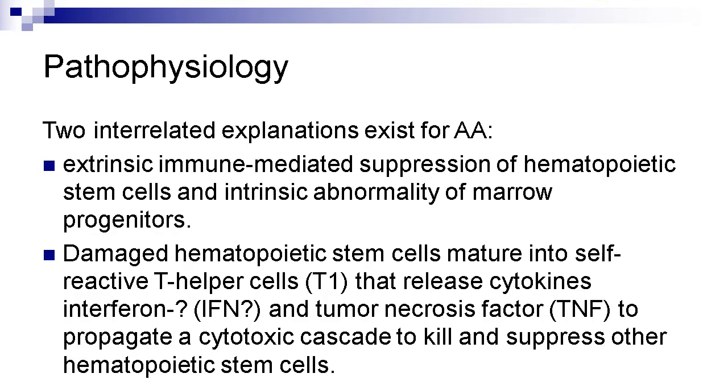The damaged hematopoietic cells mature into self-reactive T cells, and instead of the body's immune system killing this T helper cell by apoptosis, there is a failure in the apoptotic pathway, and this reactive T cell matures and releases different cytokines, interferons or tumor necrosis factor, and they establish a cytotoxic cascade and start to kill other hematopoietic cells.